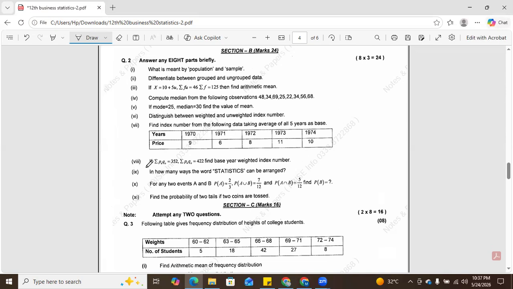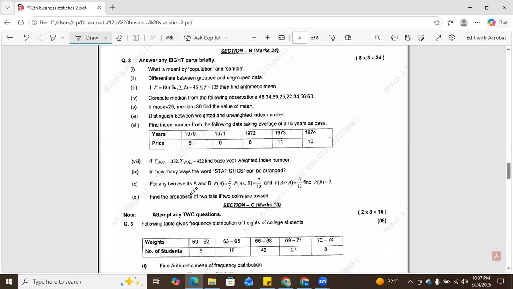Number 8 is if sum of P naught Q naught is equal to 350, sum of P1 Q naught is equal to 422, find base year weighted index number. Number 9, in how many ways can the word statistics be arranged?